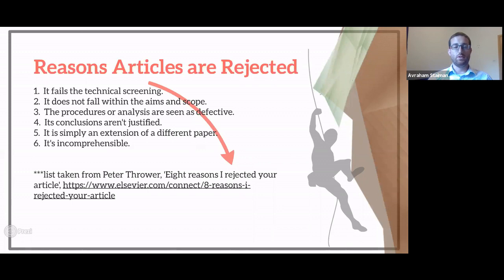Another reason that articles are rejected is that the procedures and analysis are seen as defective. And this is something which really falls on the scholar and on their advisor or on their colleagues to work together to make sure that is taken care of.